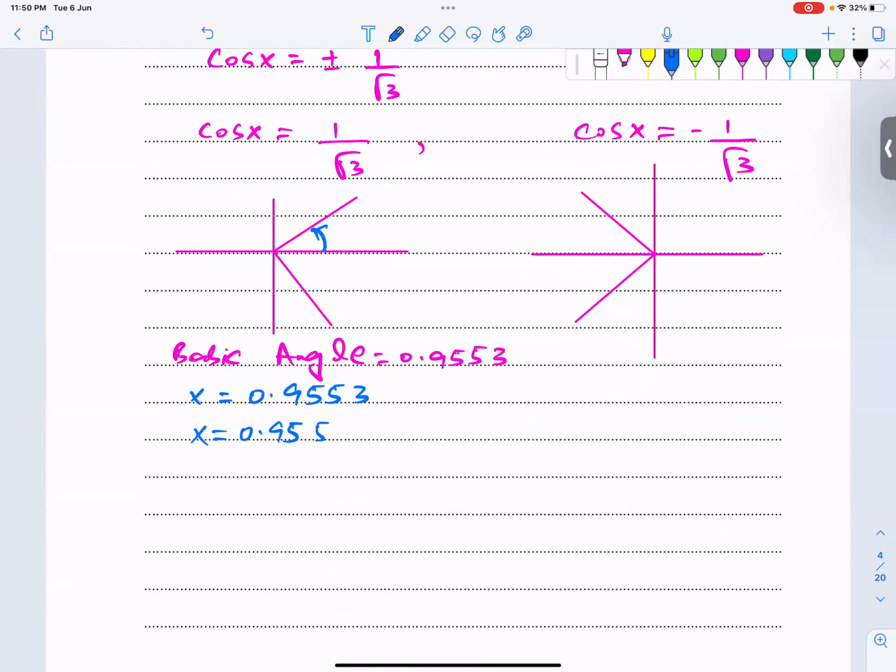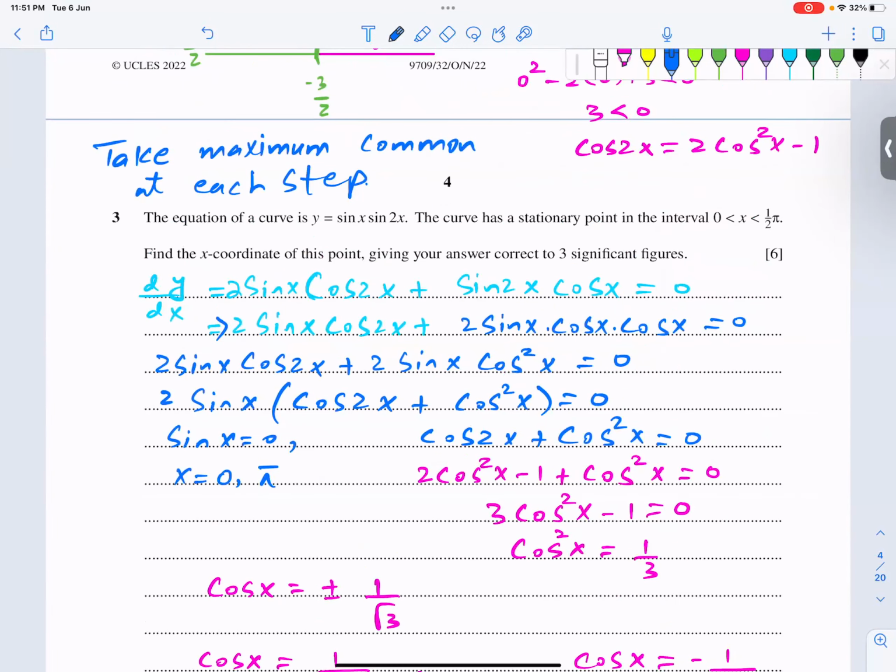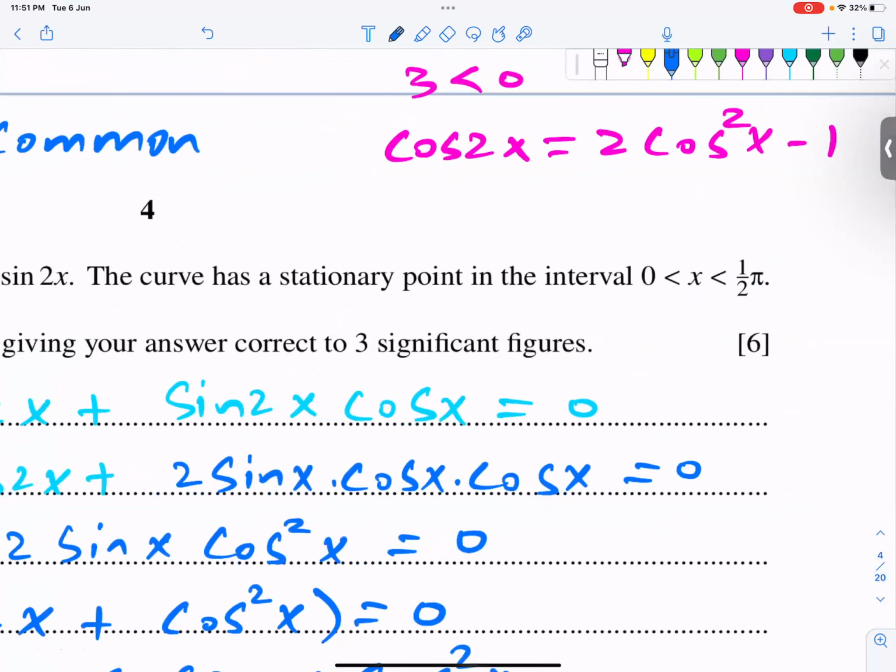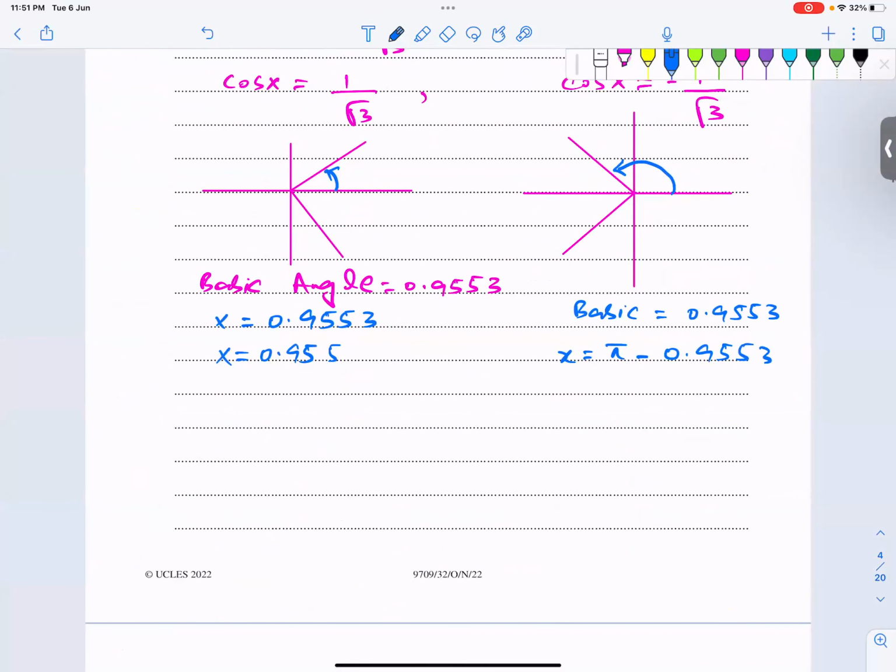If you try the second case, its basic angle is also 0.9553, but when you find this angle, it will be out of domain, because your domain was 0 to pi by 2. This answer will be greater than pi by 2. So x is equal to 0.955 only.